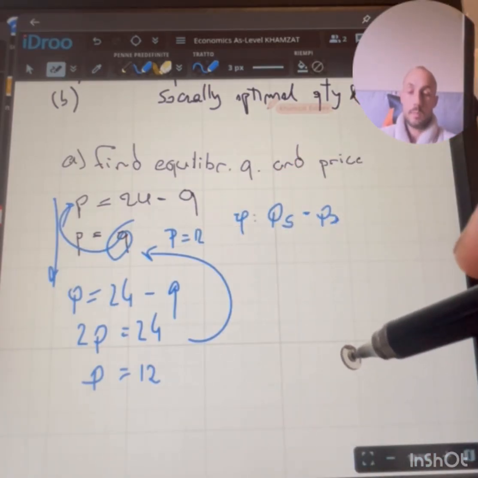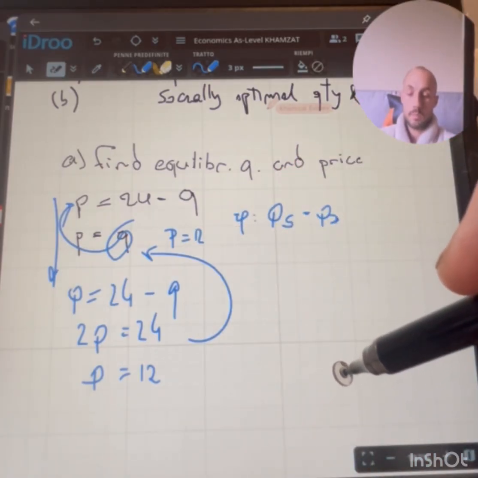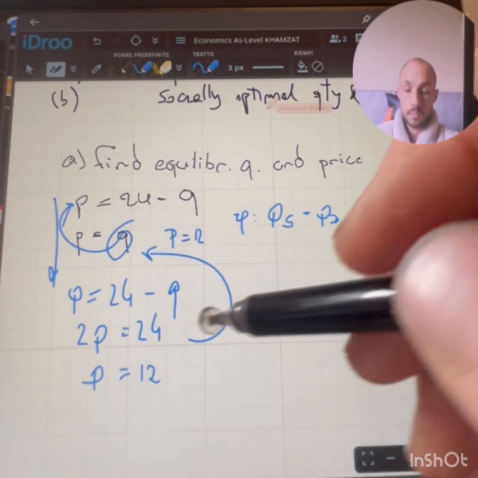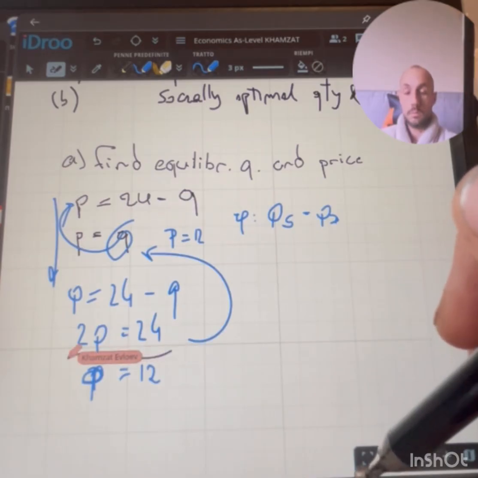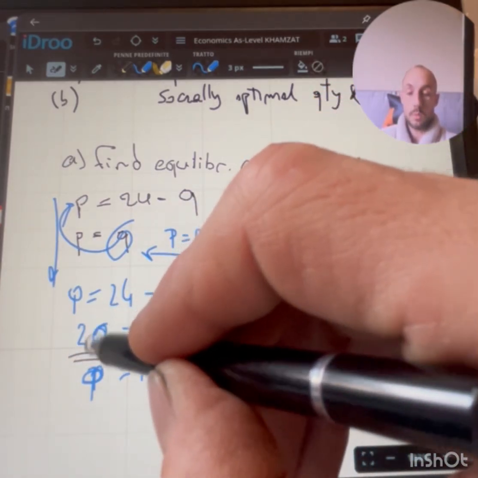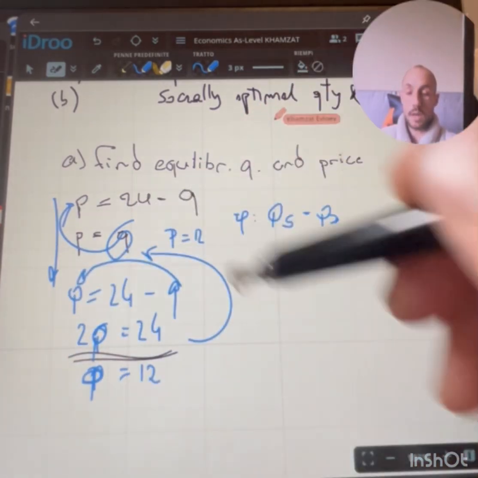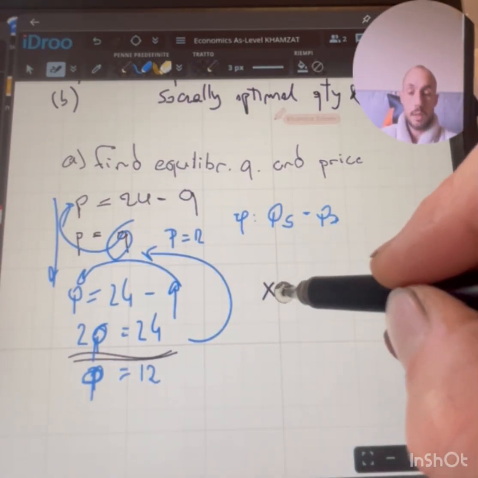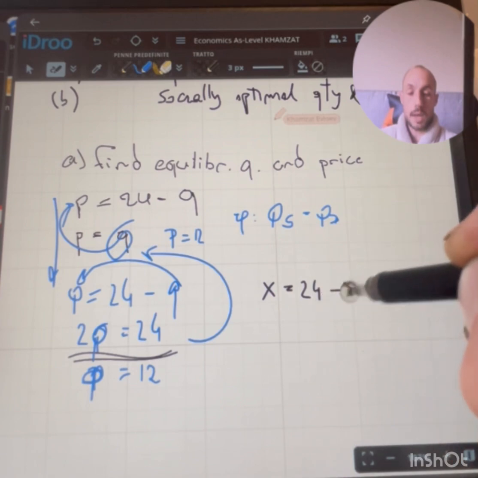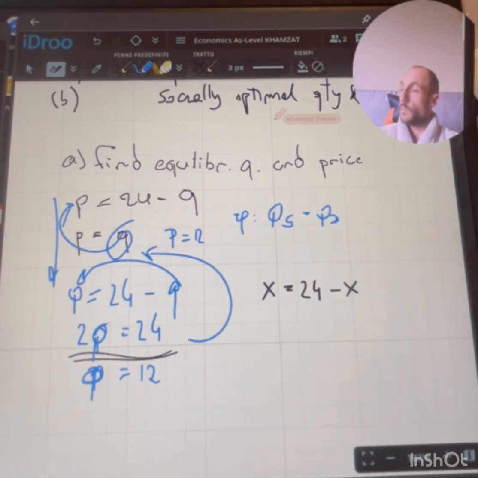No, this is just Q. That's 2Q; I'm bringing this one to the other side. We have x equals 24 minus x. How much is x? Oh wait, 2x is 24, x is 12.